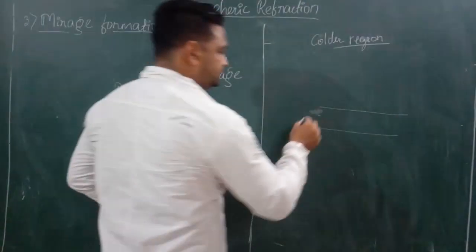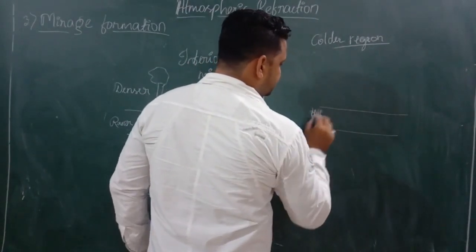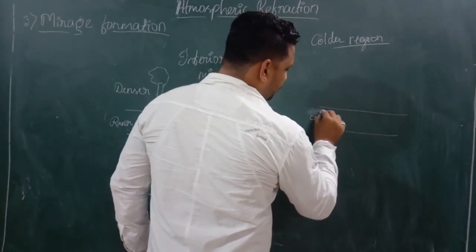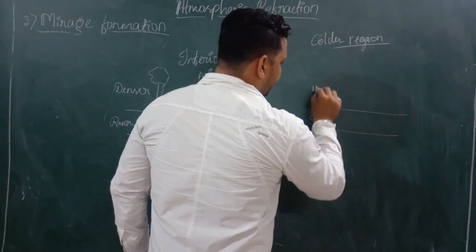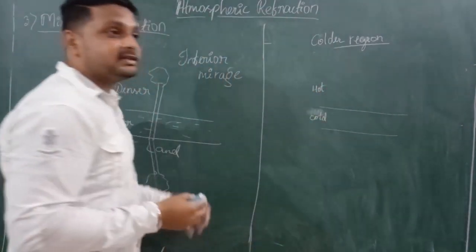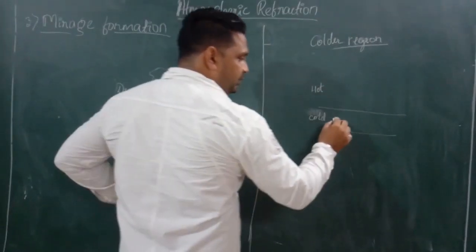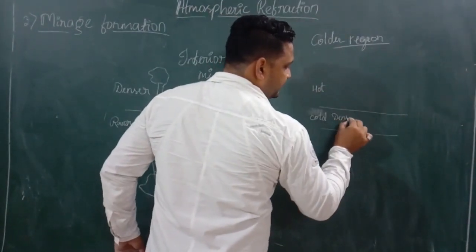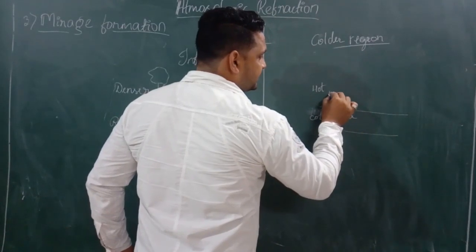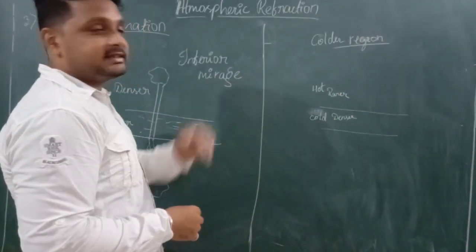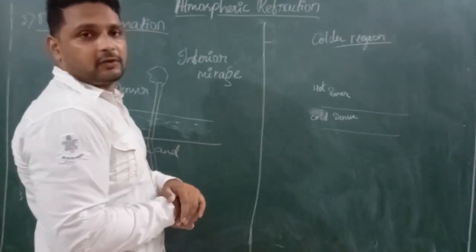What is that? In this case, the colder region, the land becomes cold, and the air above it remains hot due to the presence of sunlight or continuous falling of sunlight. So due to this, the lower area acts as a denser medium and the upper area acts as a rarer medium. Due to this change, there is a change in the mirage formation also.